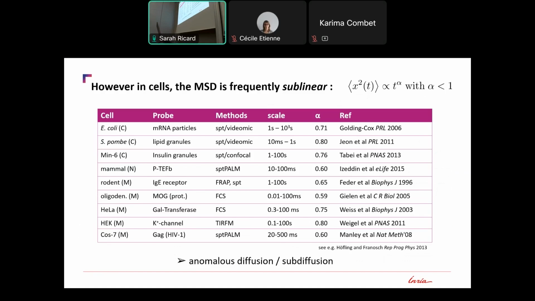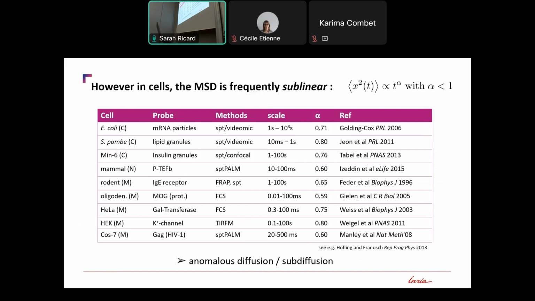In fact, we'll go back to the methods, but you can find alphas for different cells like bacteria, yeasts, mammal cells, and so on. Different compartments: C is for the cytosol, so the inside of the cell, N is for the nucleus, M is for the membrane.